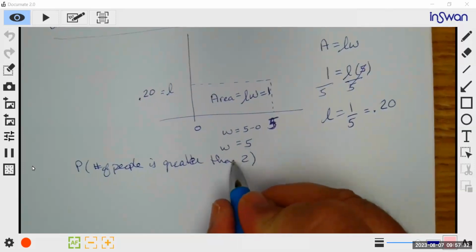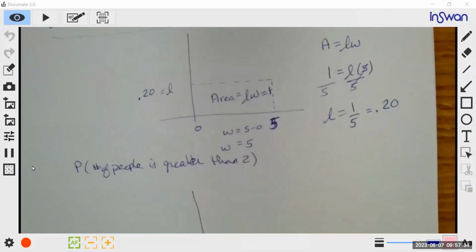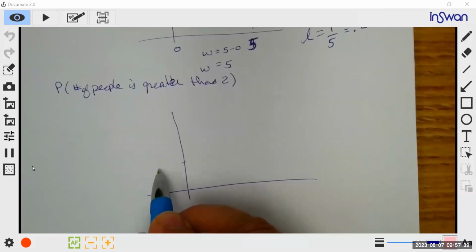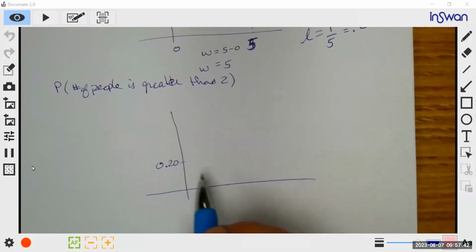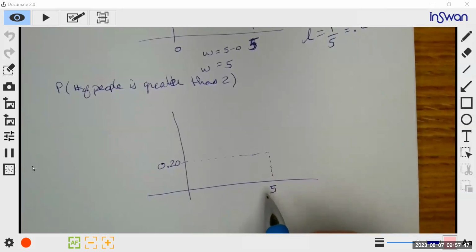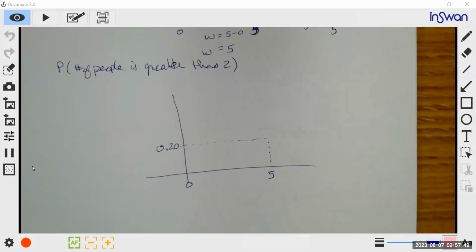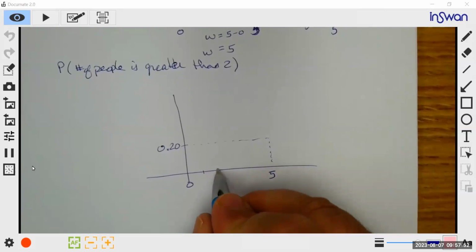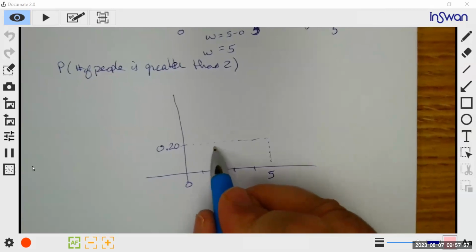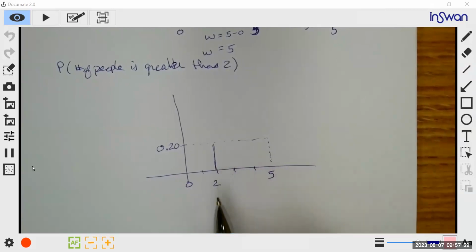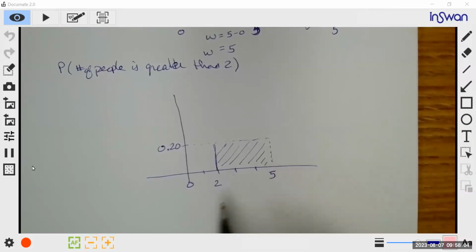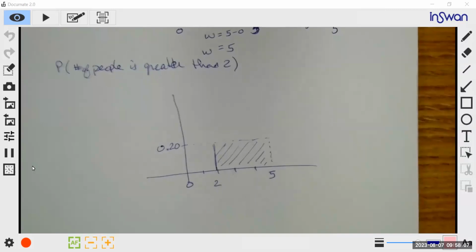Or it should be greater than or equal to 2. So with that, if we look at the graph of it, here's 2. So what we're looking for is the area of that part of the curve, because it's greater than 2.